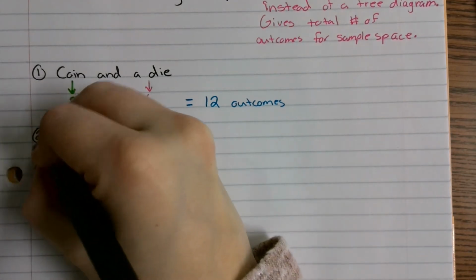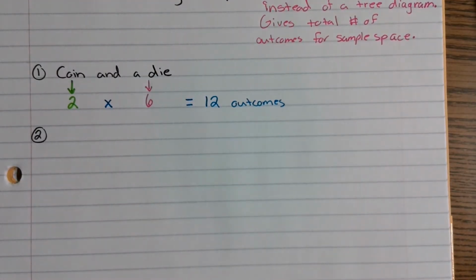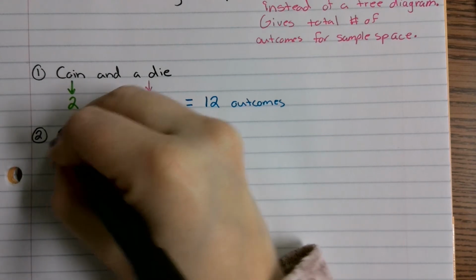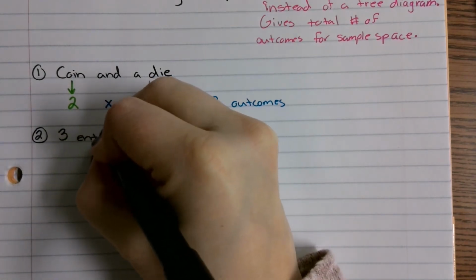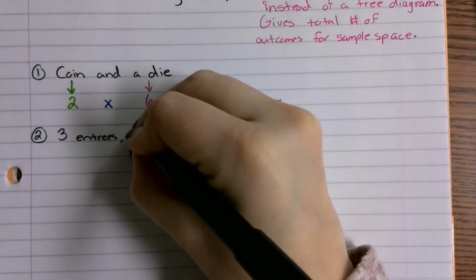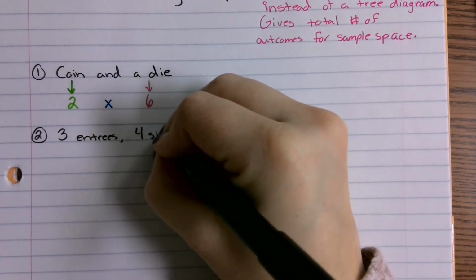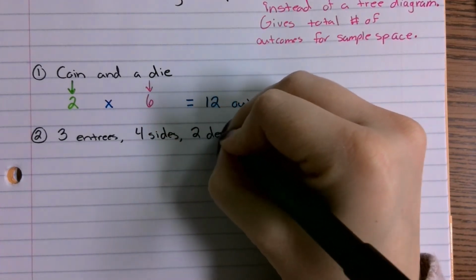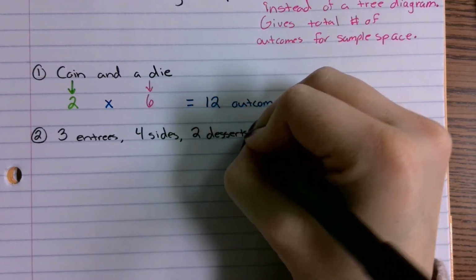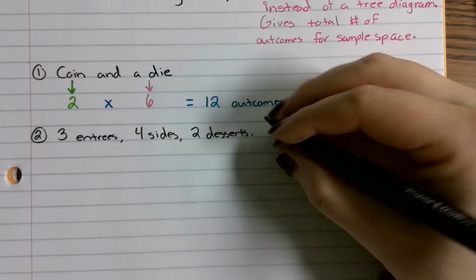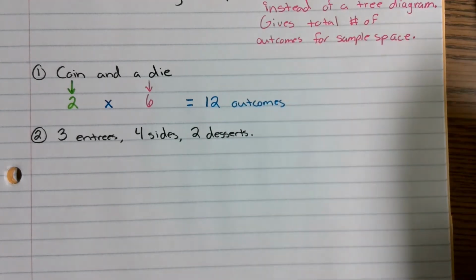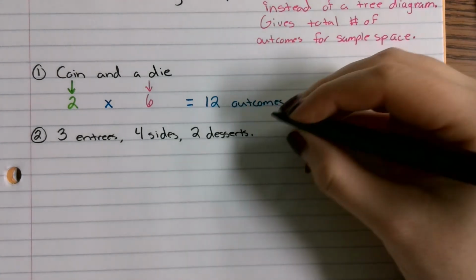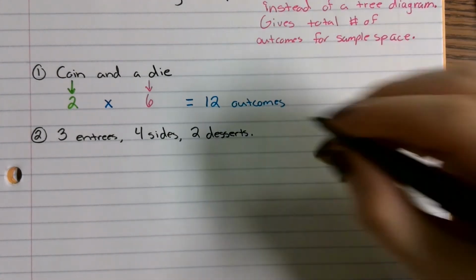Sometimes they will give you numbers. Like I have 3 entrees. I have 4 sides. And I have 2 desserts. And if a question asks how many different combinations can you create, that means how many different total outcomes you can have to combine different choices of entrees, sides, and desserts together.